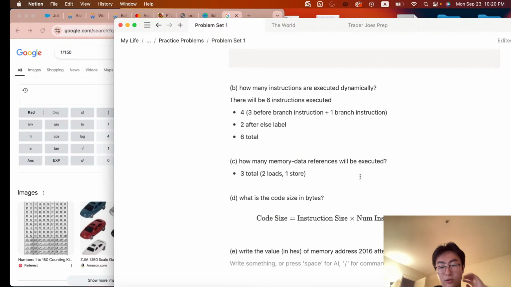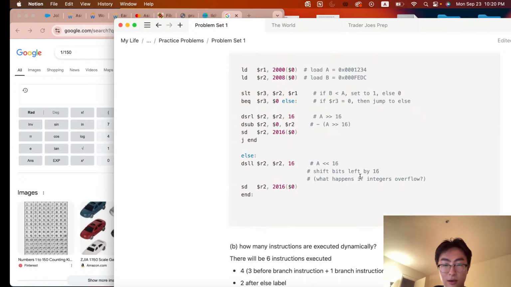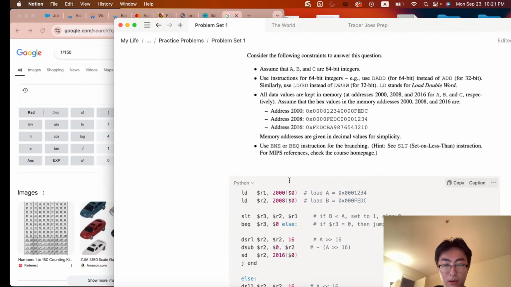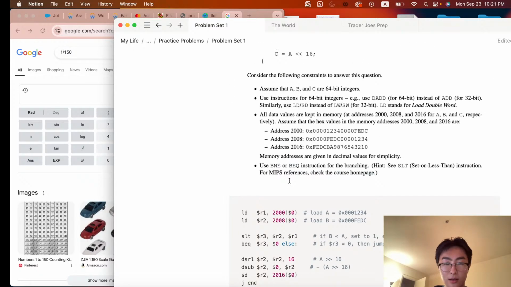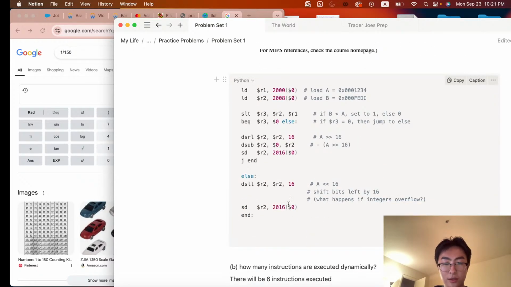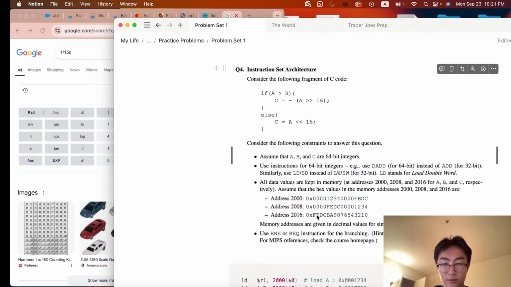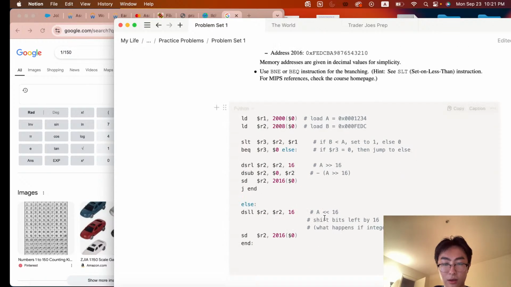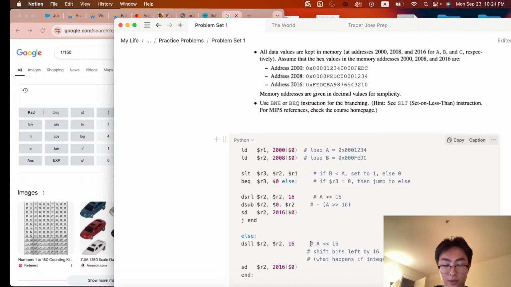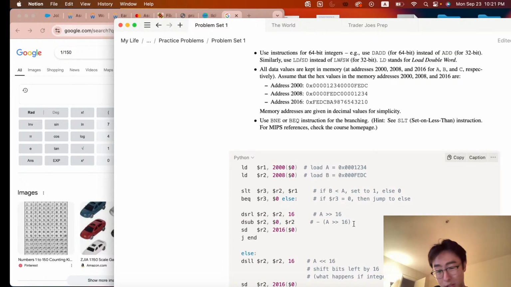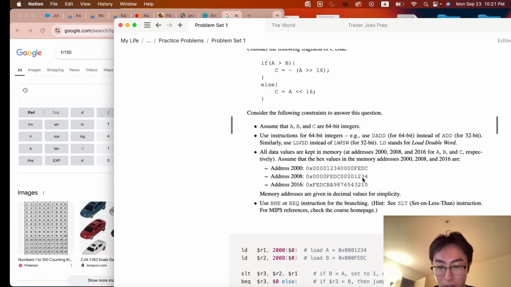So address 2016 after the code execution. Right, we've essentially replaced this value to A shifted to the left. So we look at the arrow here. Shifted to the left by 16 bits, so that's 4 bytes. So essentially we add 4 zeros here.